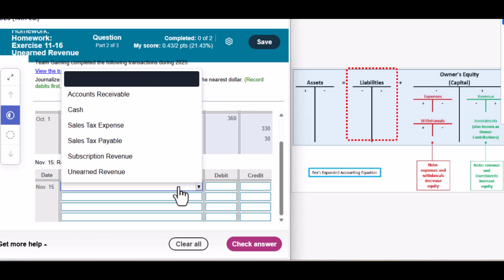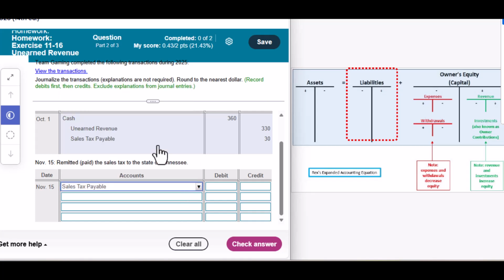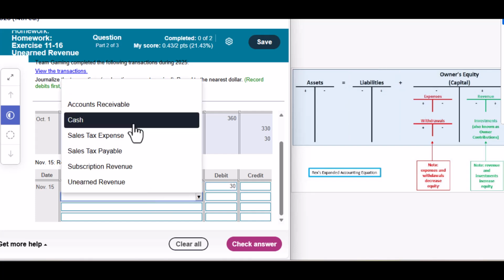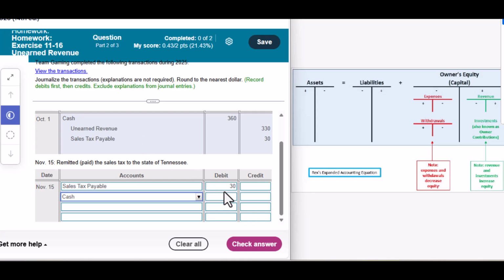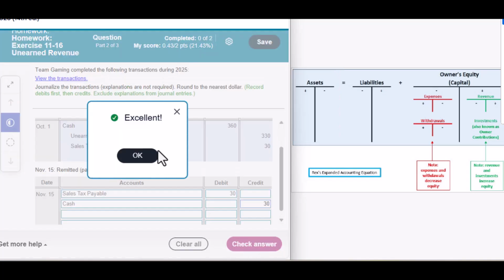So we'll go ahead and input sales tax payable, and we'll remove it there. And then since we are paying it, cash is going to be the other account. So we will be decreasing cash, which is a credit here, since cash is an asset. And then we'll go ahead and check our answer. Excellent.